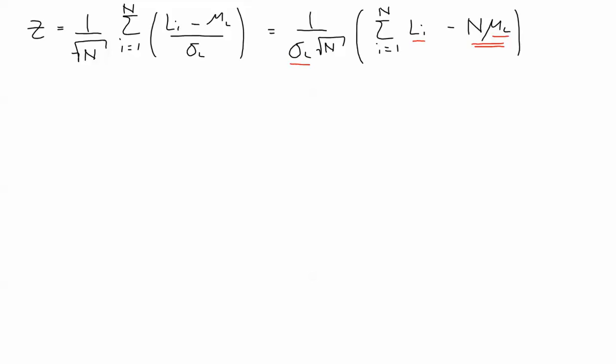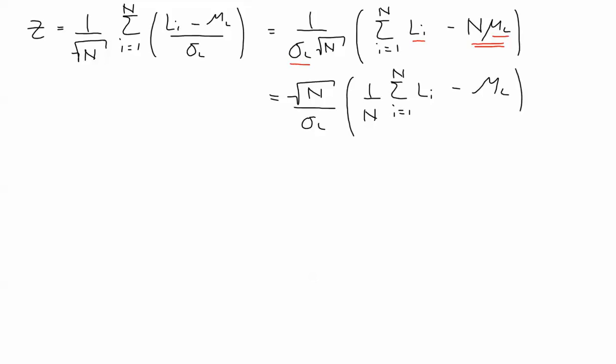All right. Now what I'm going to do is multiply and divide by the square root of n, and I get square root of n over sigma L times 1 over n, summation i equals 1 to n, L sub i minus mu sub L. Now you'll notice this, I just add up the gear pin lengths and divide by the number of samples.